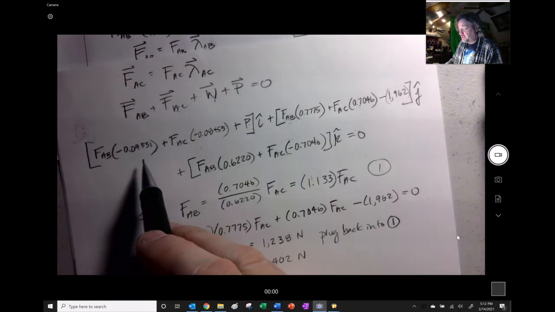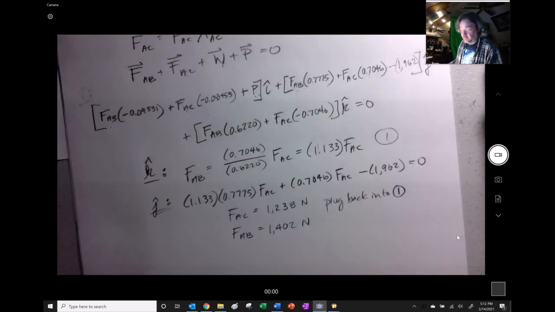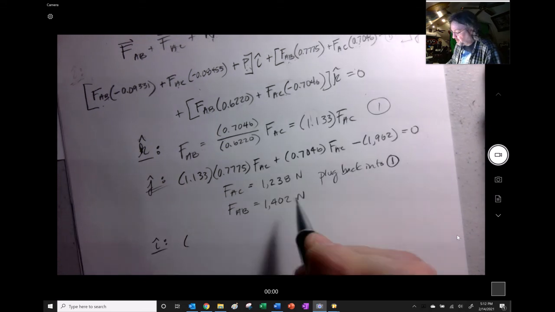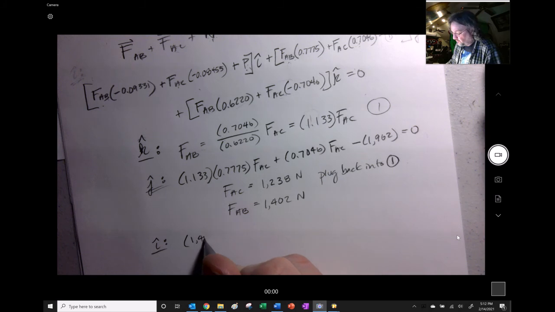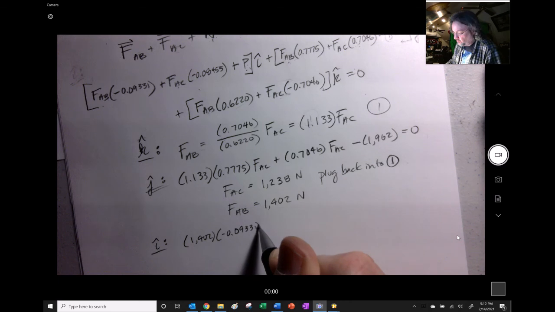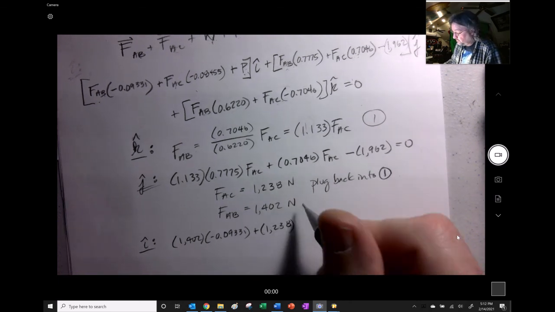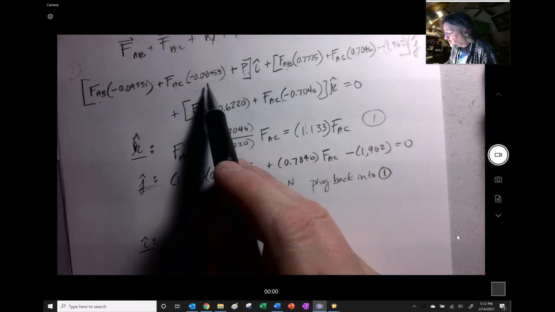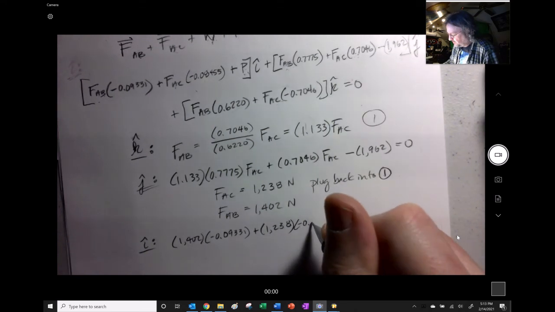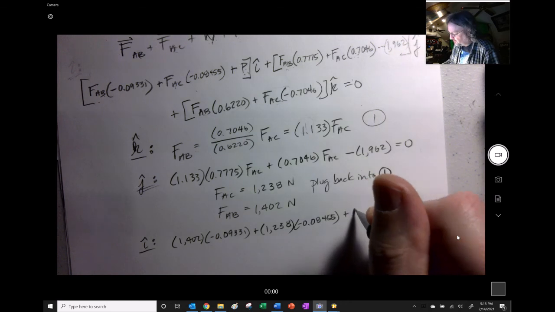So now I come back up to I right here, this equation for I. Plug it in, you can find P. So that's going to be our I. And plugging that in, 1,402 times our negative 0.09331 plus our 1,238 times our negative 0.08455, and then plus P, right?